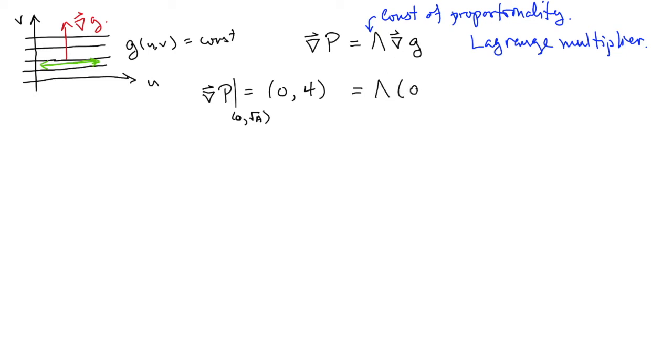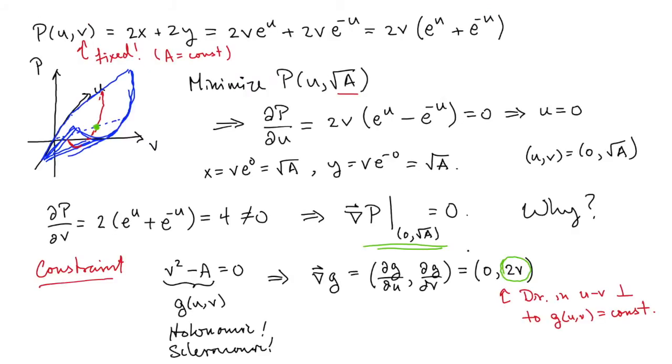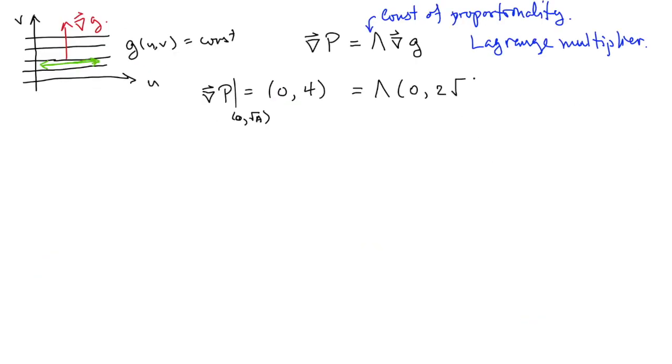So that's lambda times (0, 2v), or 2 times the square root of a, which is lambda times the gradient of g at the same place. So this is clearly satisfied if lambda is equal to 2 over the square root of a, which is perfectly fine. We didn't say what lambda could be. That's the value of lambda, and then our vector equation is satisfied.